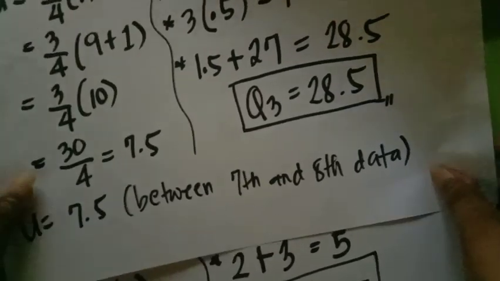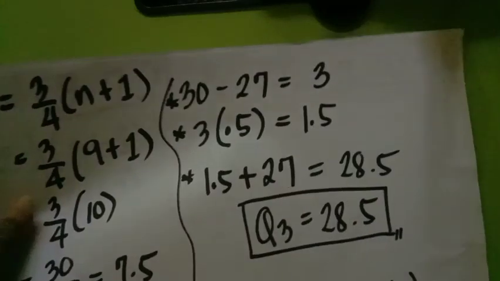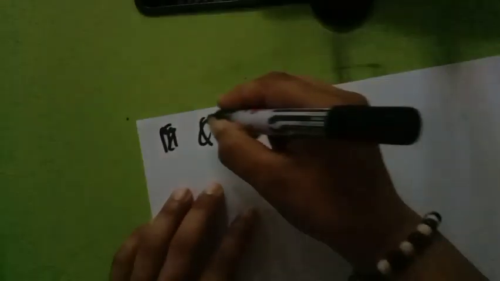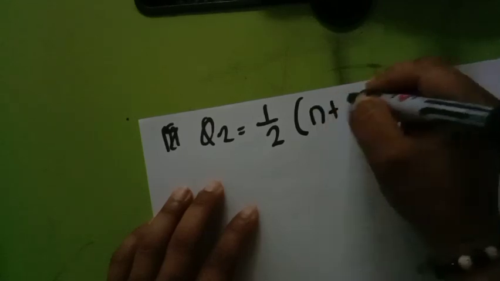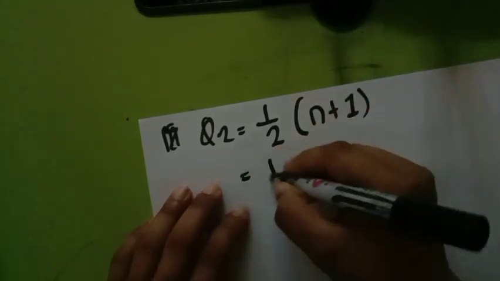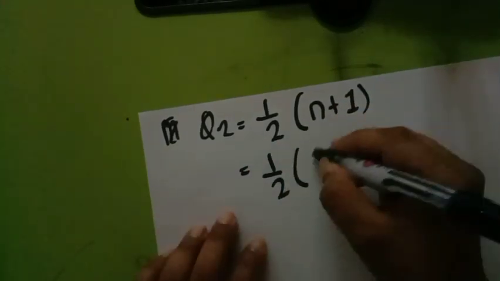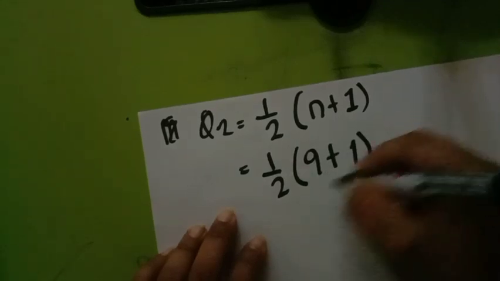How about the median by using linear interpolation? Pwede rin naman. So, let's say, yung median natin, median or Q2. So, di ba ang Q2 is gitna, 1/2. So, to get Q2, 1/2 times n plus 1. So, 1/2 times, ang n natin is 9 plus 1.